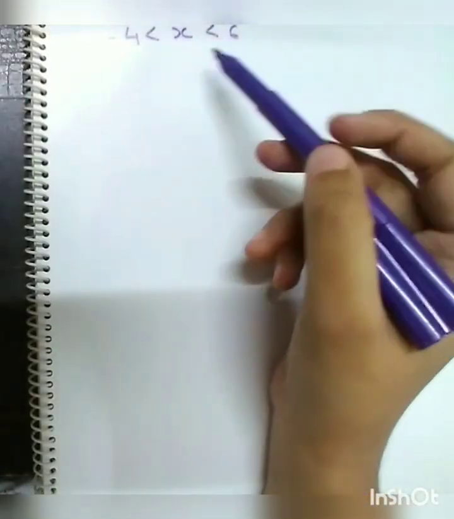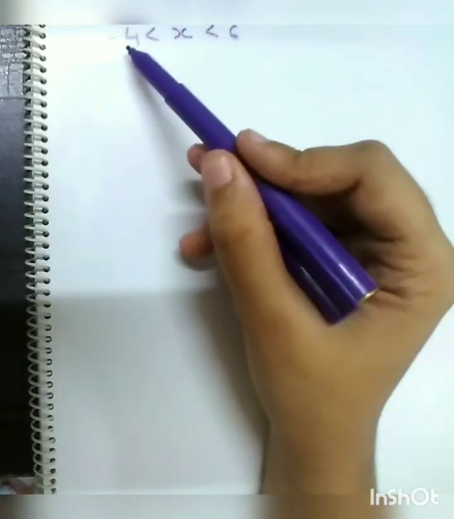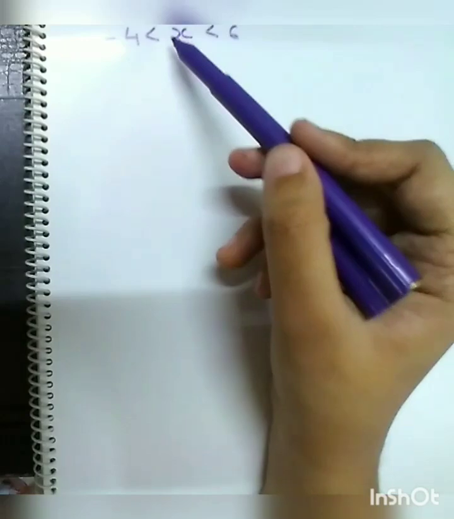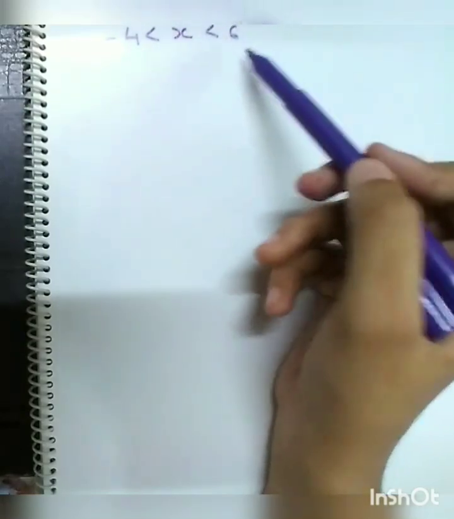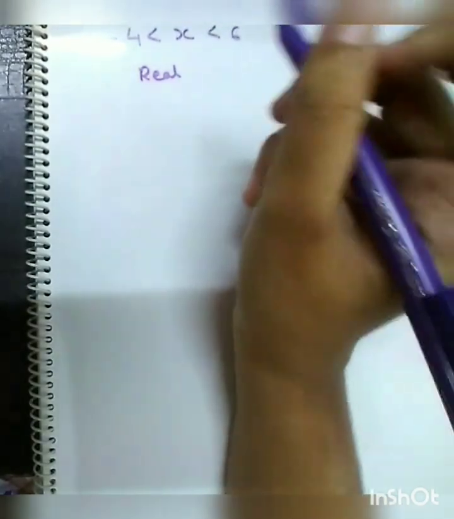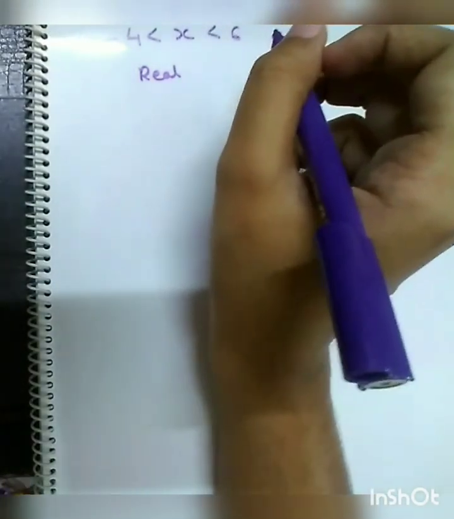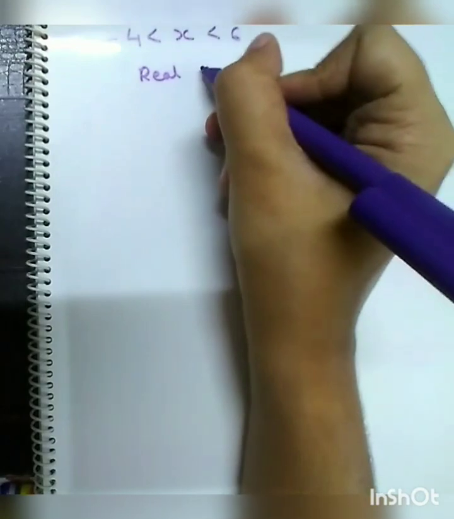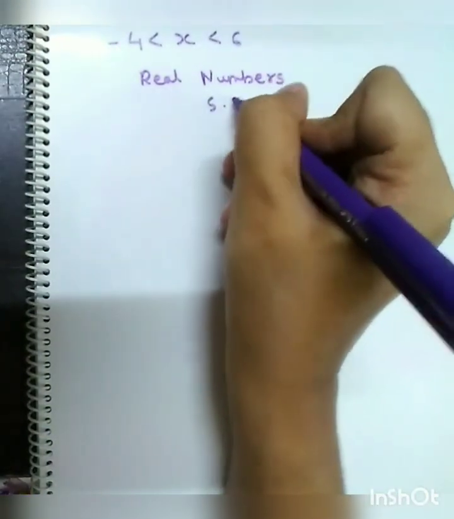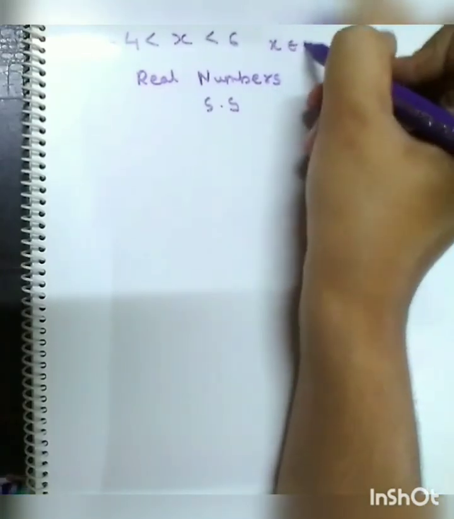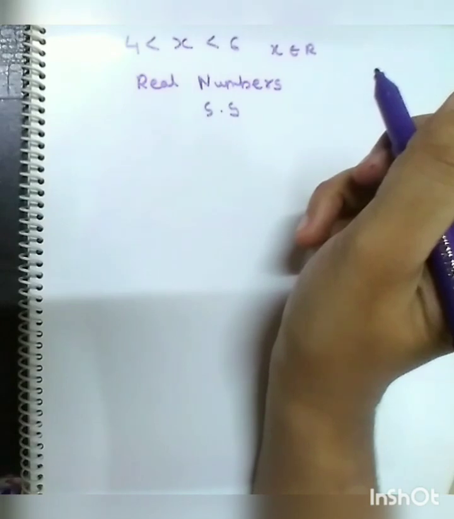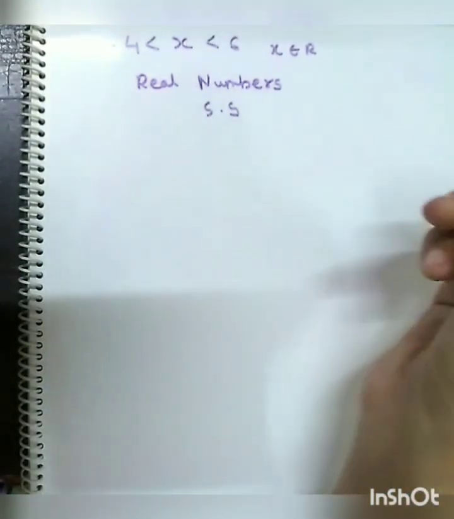So for real numbers, let's take this example: x is greater than minus 4 and less than 6. In real numbers we use set builder form to represent the solution set. We don't have to enlist the numbers like we did in natural numbers, whole numbers and integers.